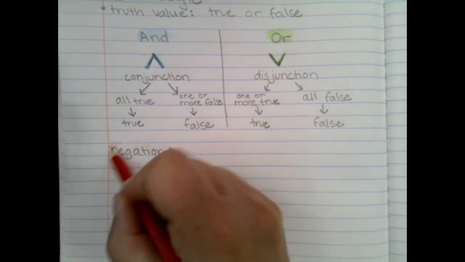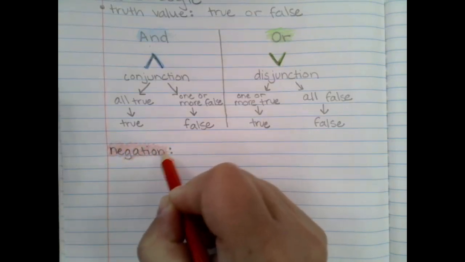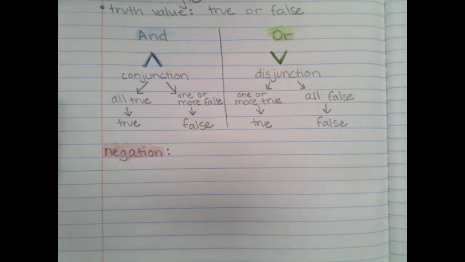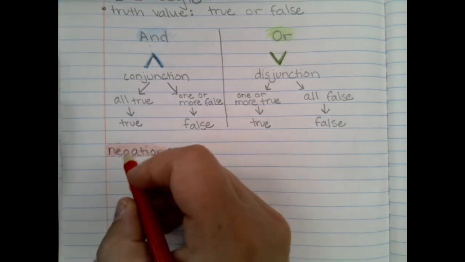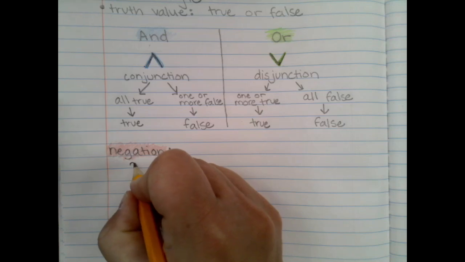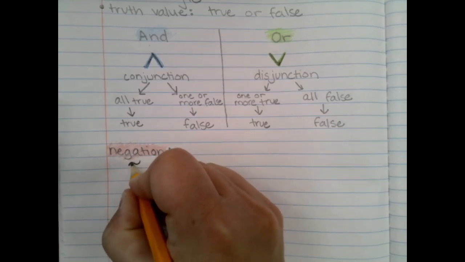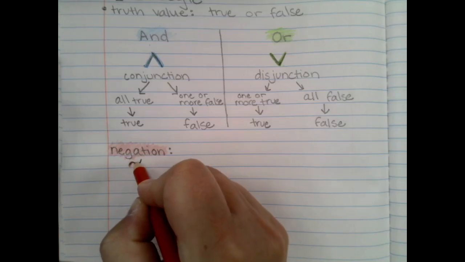If you want to use red, you can, or maybe orange, or pink if you're using highlighters. All right, and our symbol for negation is almost like the start of a congruent symbol. It's that little squiggle. That's our negation symbol.